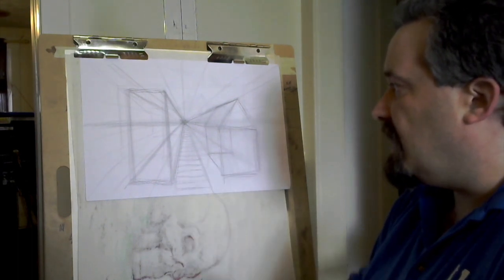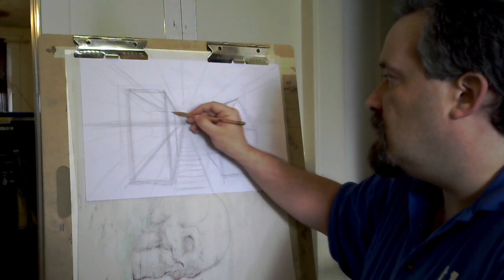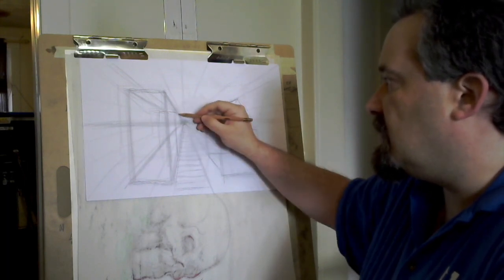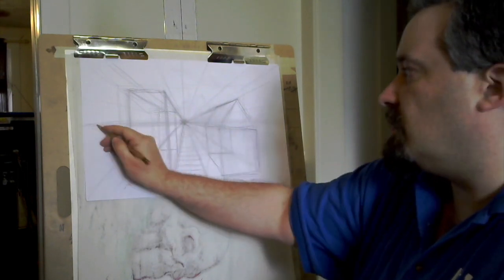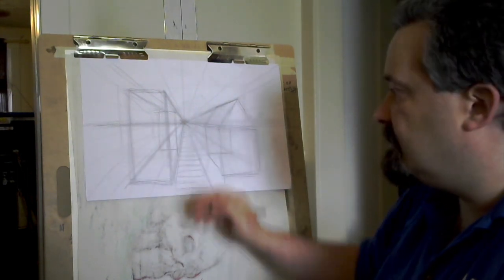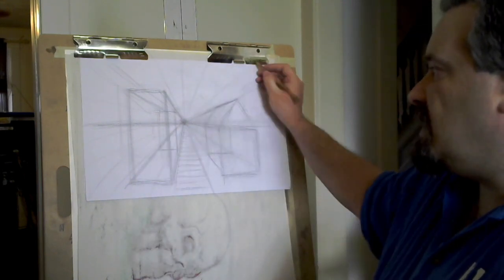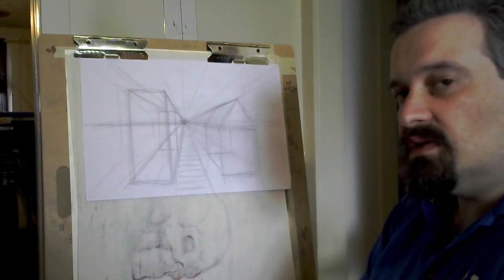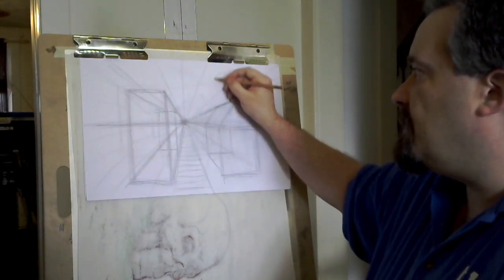So I would recommend, in order to get a grasp on this, that you consider doing this in your sketchbook. Just draw an example of one-point perspective. Draw your horizon line, that's the first thing. Figure out where your vanishing point is, and then add some of these radiant lines for guides. Once you've got the guides in there, go somewhere in this space and draw some type of a shape.